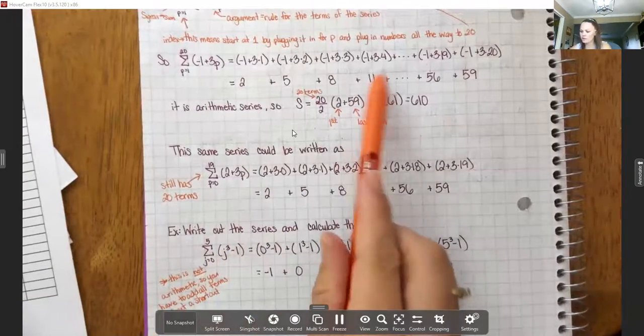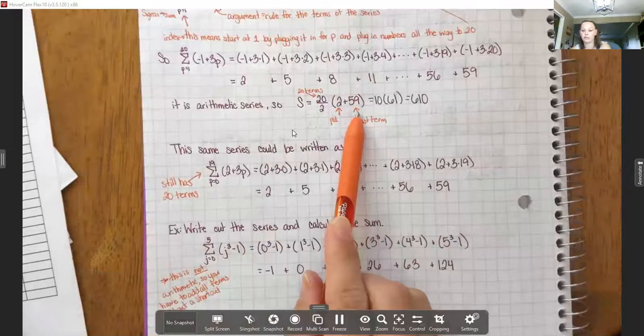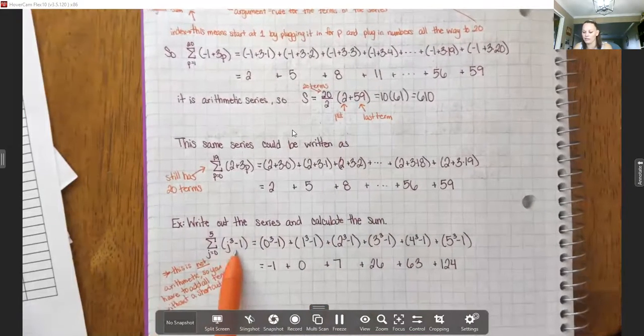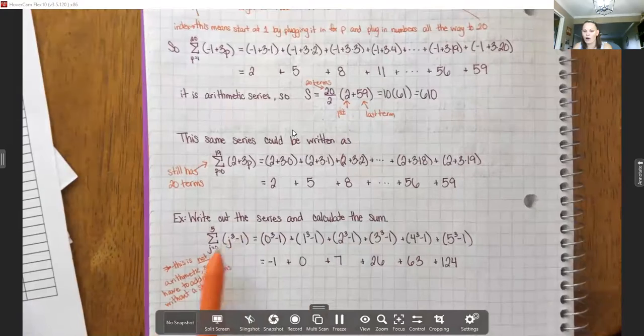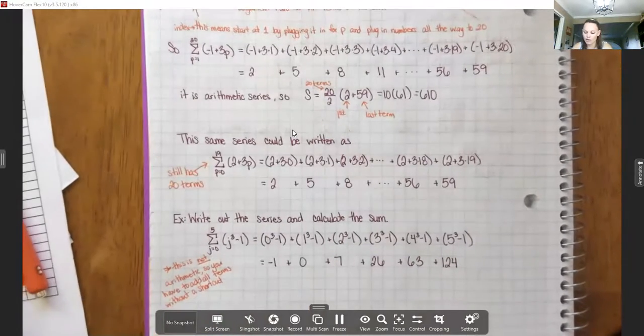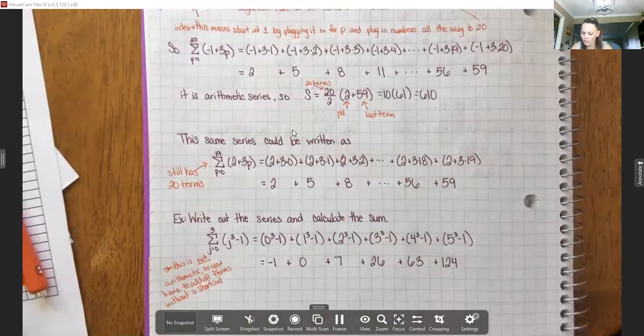So up here, we use the shortcut because it was arithmetic. This isn't arithmetic. This isn't in the form like y equals mx plus b. It doesn't have that common growth. So we actually just have to add them. Not terrible. -1 plus 0 plus 7, 26, 63, and 124 gives us 219.